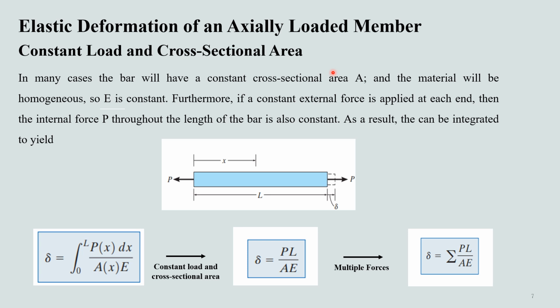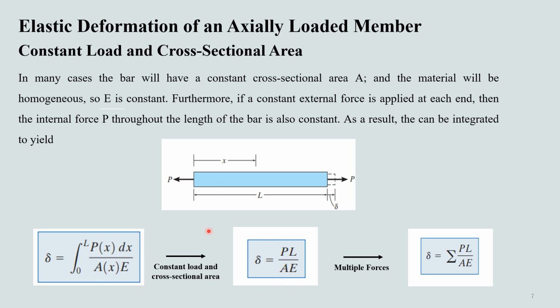In many cases, the bar will have a constant cross-sectional area A, as shown in this figure, and the applied load will also be constant P. For this kind of bar, the generalized integral equation can be simplified, since the internal reaction force will be equal to the applied force P. It will not be a function of the length, and area is also not a function of length.